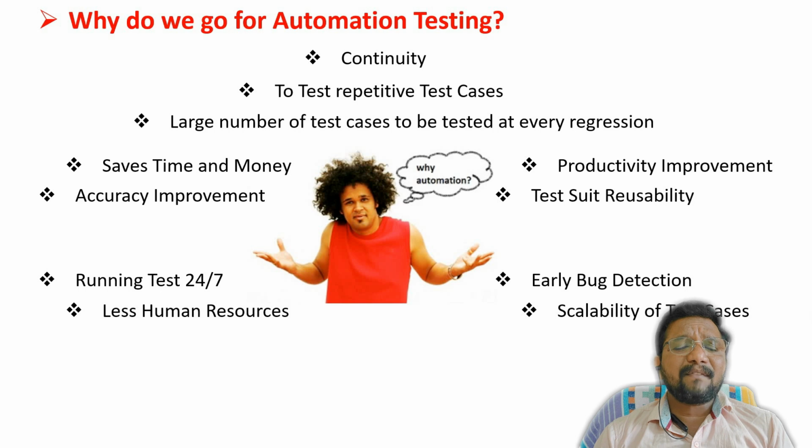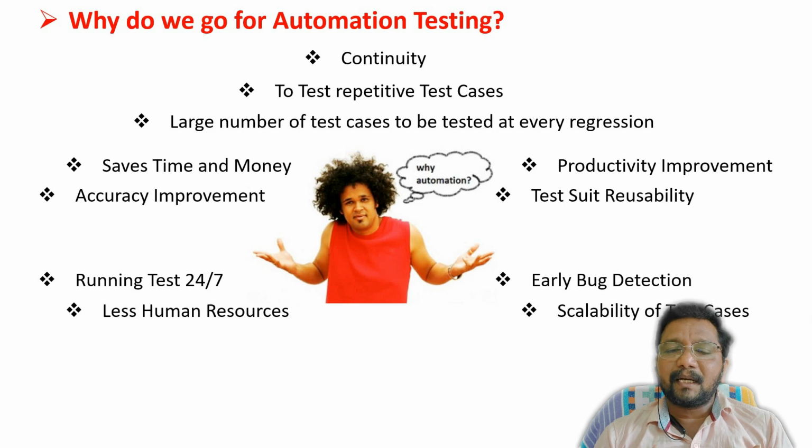So if any one of the resources is not in good condition to test the test cases, if he is on leave, or if his health is not good because of some uncertain reasons, and he is unable to perform the test, then the scalability will be different. The scalability will be changed.